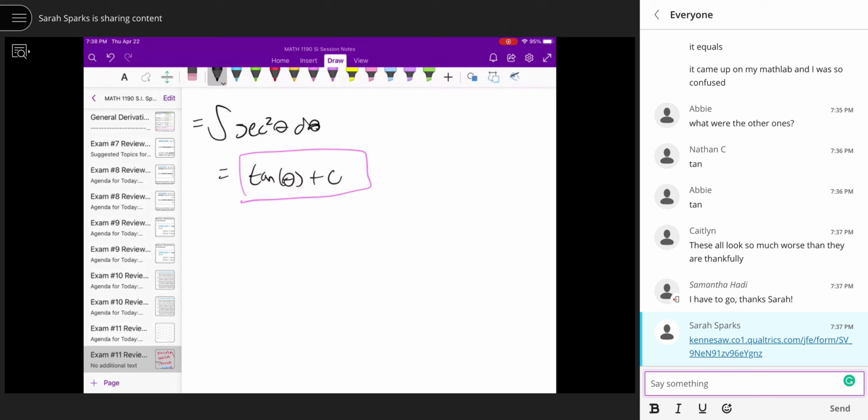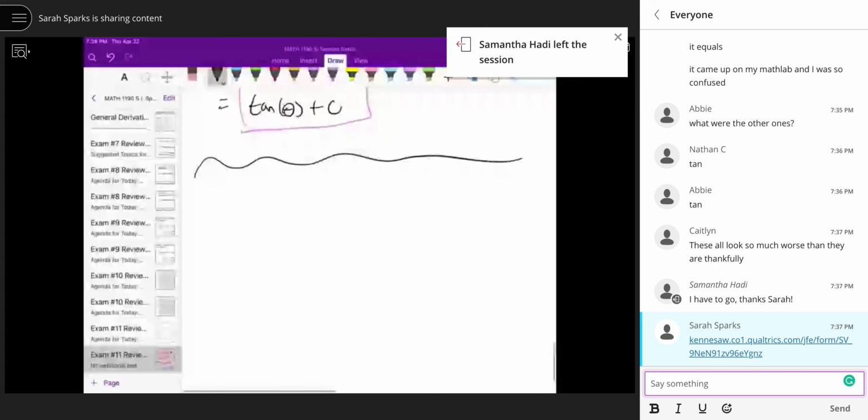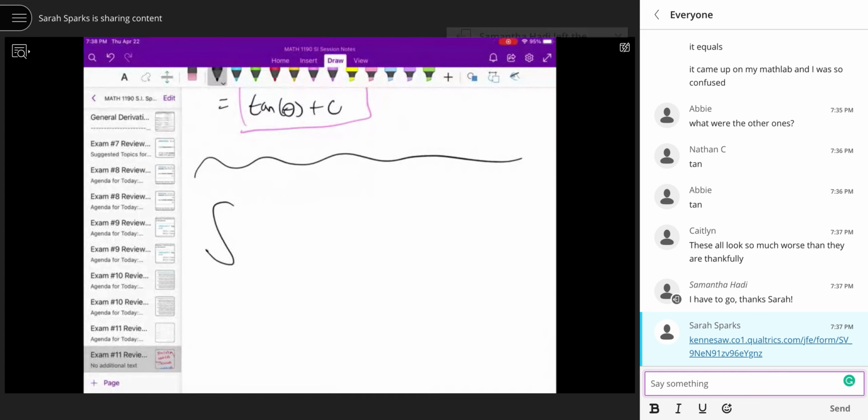I do have one more, but I kind of want to just make one up that I didn't find on there, because it's one that I didn't see any examples of.